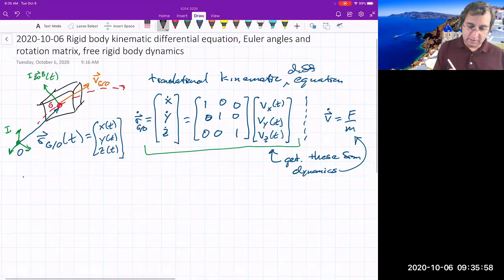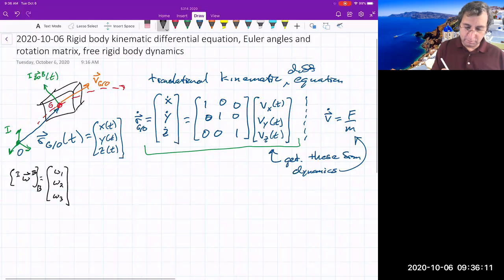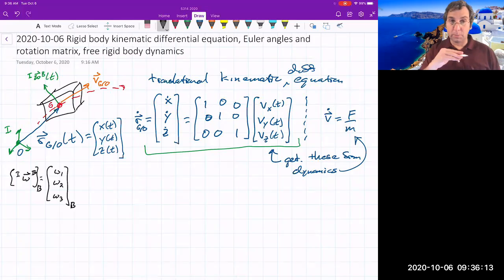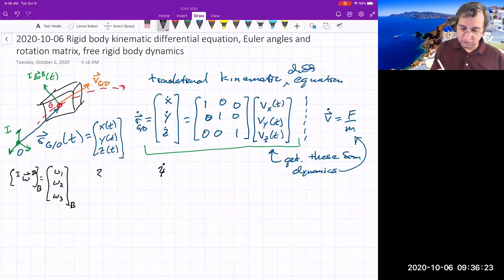So our angular velocity written in components, omega 1, omega 2, omega 3, and because it's more convenient, we often write these components with respect to a body fixed frame. There's some relationship between them and, let's use the 3, 2, 1 Euler angles, yaw, pitch, and roll.